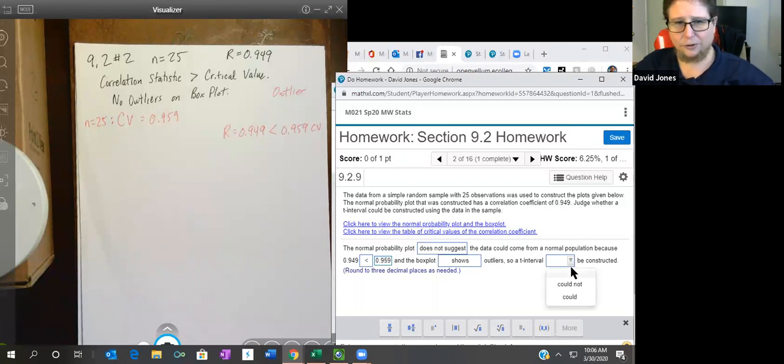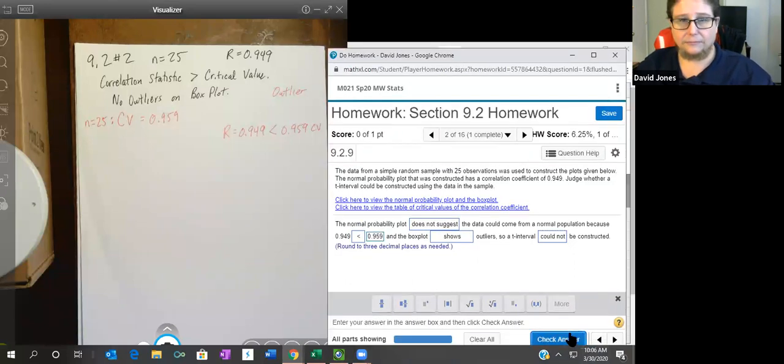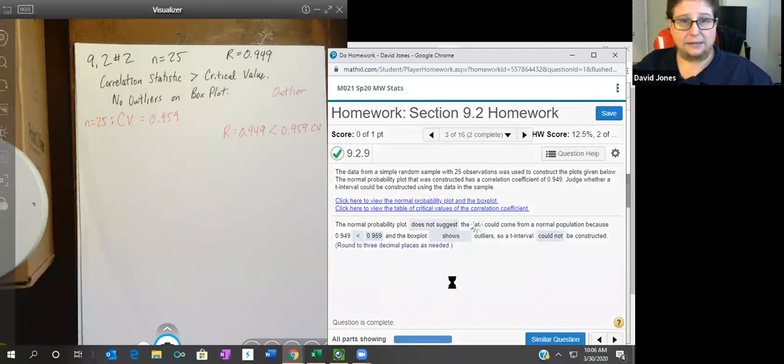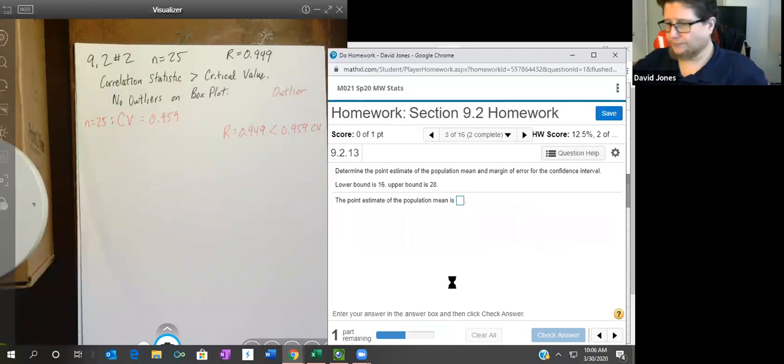So a t-interval could not be constructed. They try to trick you on this question. A lot of times you notice they always show you where it does work? This time it doesn't work. We can't do it. Check my answer. Fantastic. Let's take a look at number 3.